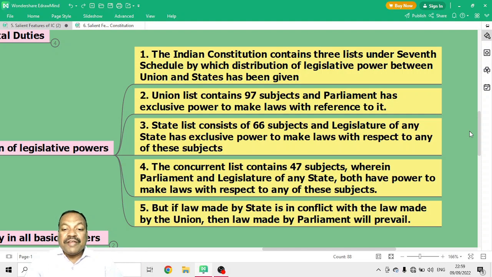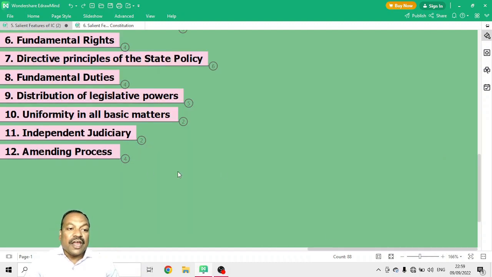If a law made by the state is in conflict with the law made by the union, then in such a condition, the law made by Parliament will prevail. So, in this way, the legislative powers get distributed amongst state and union.